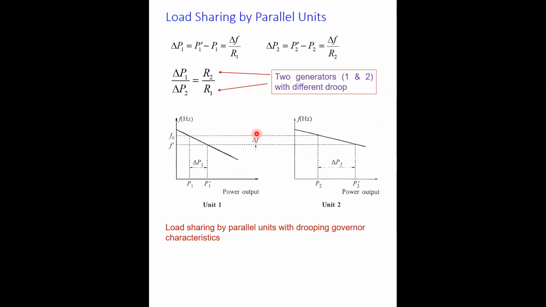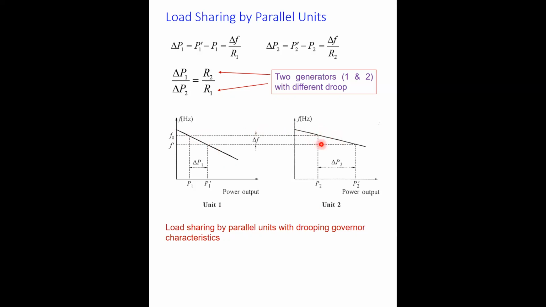Then when we want to apply this for the sharing between the generators, as you can see, this is generator 1 and generator 2, unit 1 and unit 2. Here you find the slope of the characteristic, and here you find this slope is much steeper, while this one is somewhat flat.